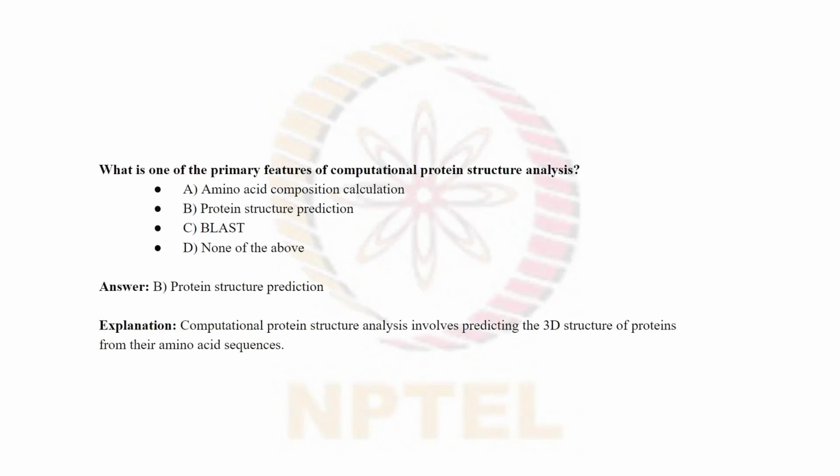Amino acid composition is again a sequence-based feature. BLAST, basic local alignment search tool, is again a sequence-based similarity or homologous sequence finding tool. So the answer is protein structure prediction.